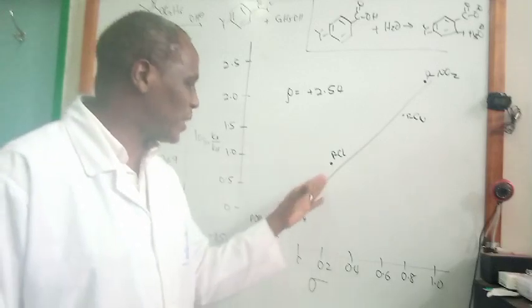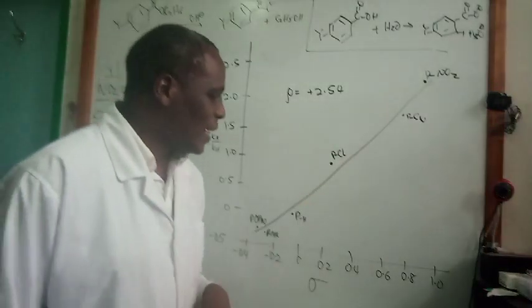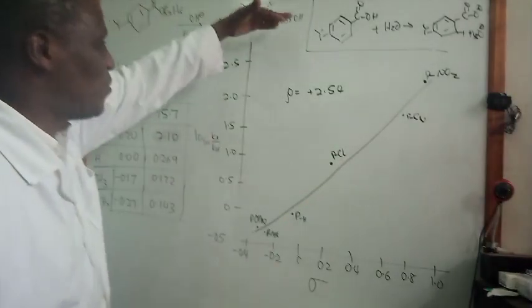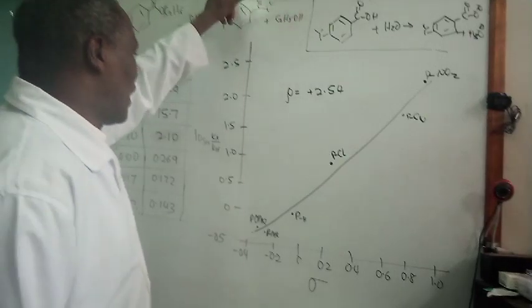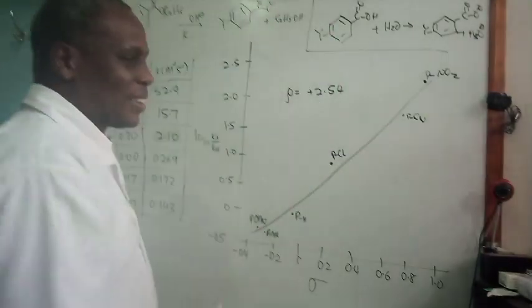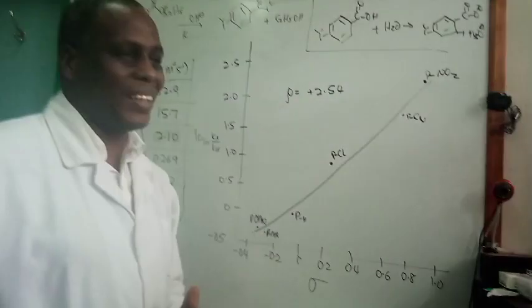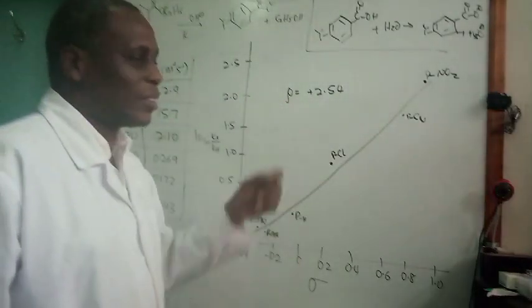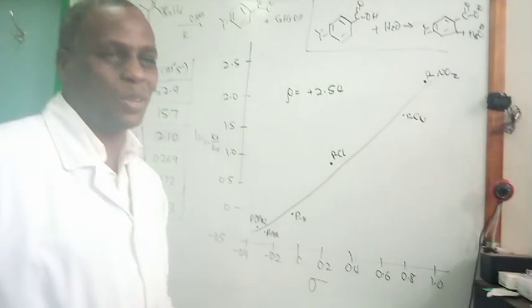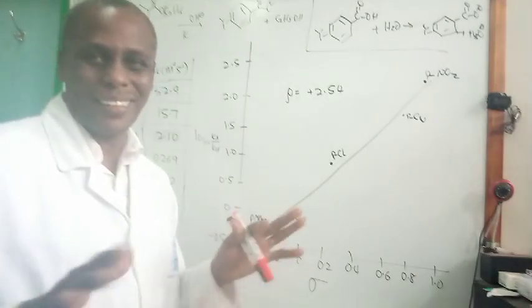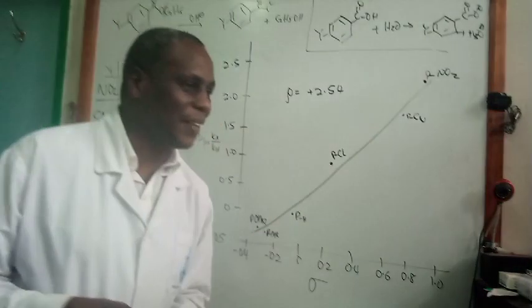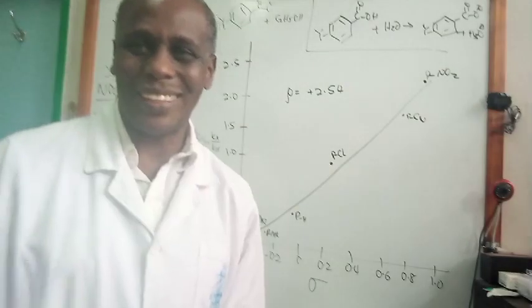So for now, let me stop there. In a short while, I'm going to give plots showing the various Hammett plots, and the information the gradient gives about the mechanism. Yeah. So let me stop there, and then we'll proceed later. Okay. Thank you.